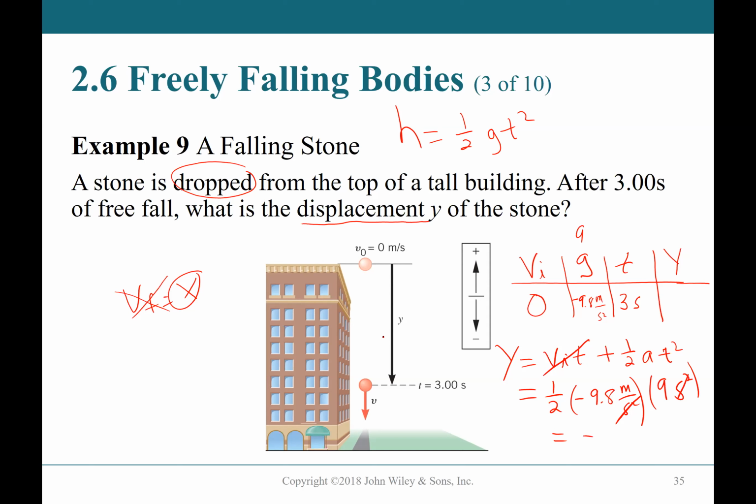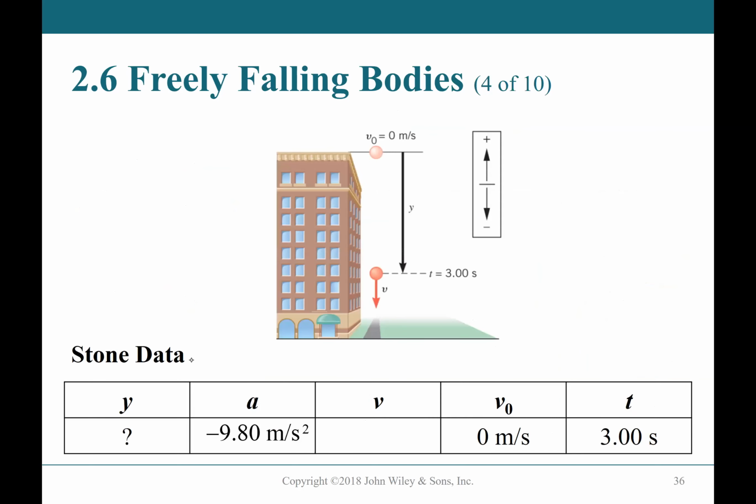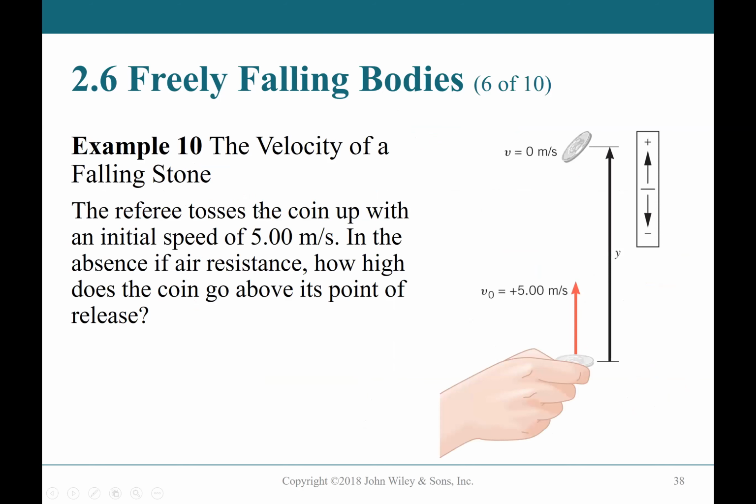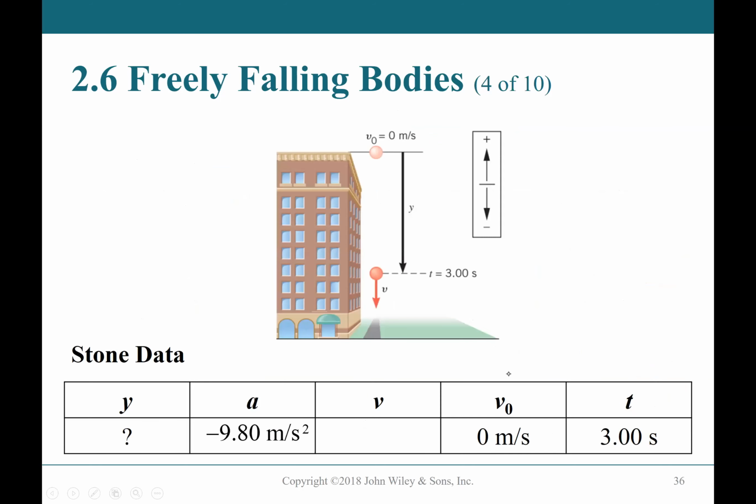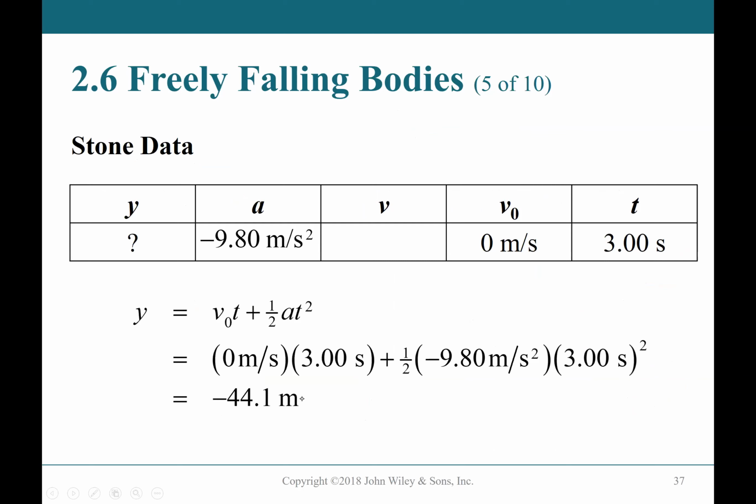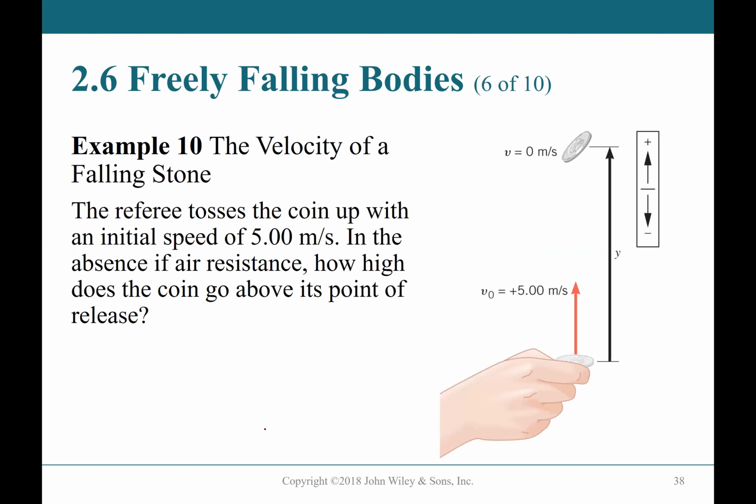But the height means I'm measuring it from the bottom up. You see, when I move up, we said that up is always positive. So height is always a positive number. It's the same number. In other words, if I ask you to find the height of this building, I would still say that this building has a height of 44.1 meters. So that's the displacement, but the height is positive. I want to make sure I point that out. The height is positive. Okay, next problem.